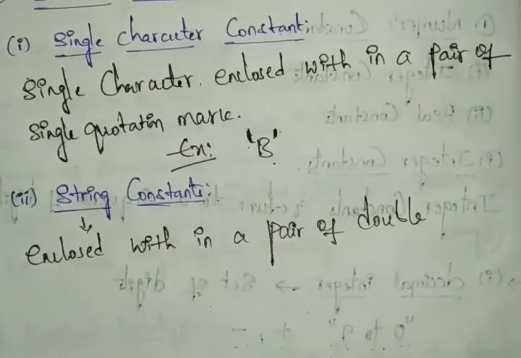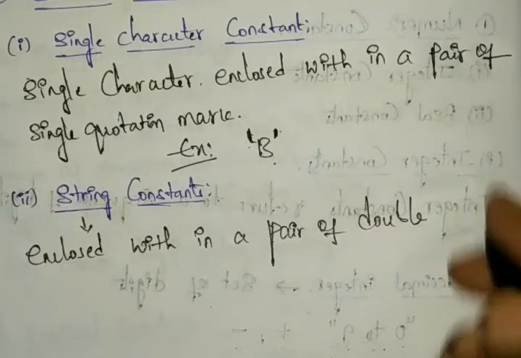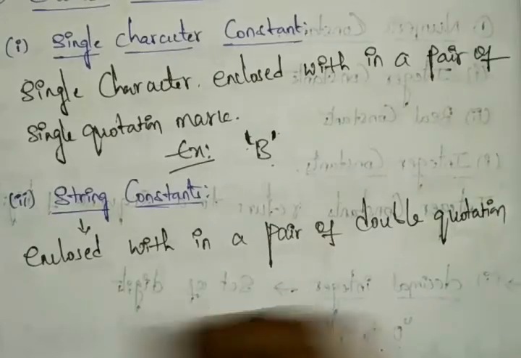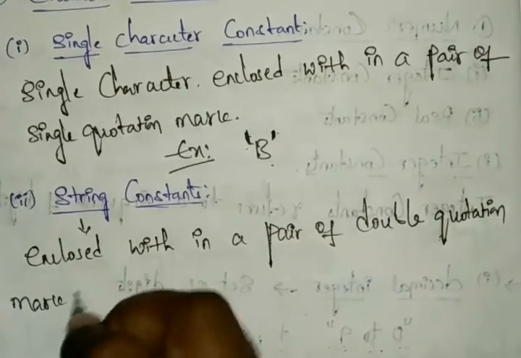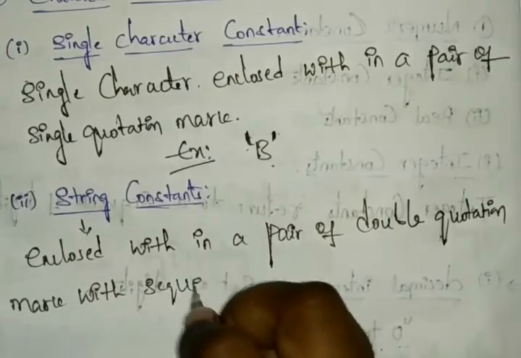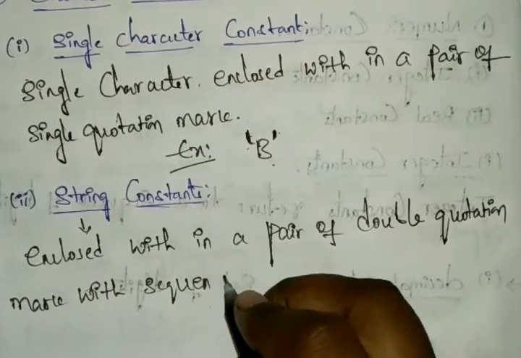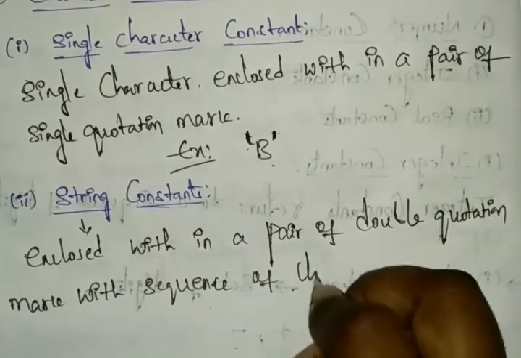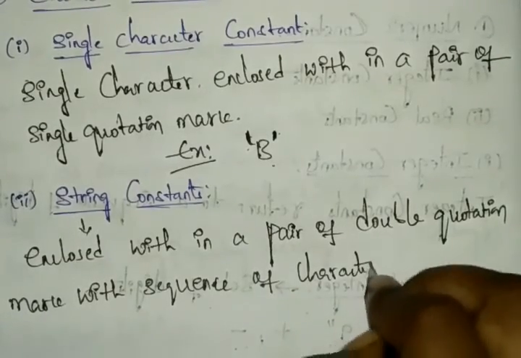And here these will have a sequence of characters, in double quotation marks. It is the combination of our sequence of characters. With the combination of characters you can mention this.